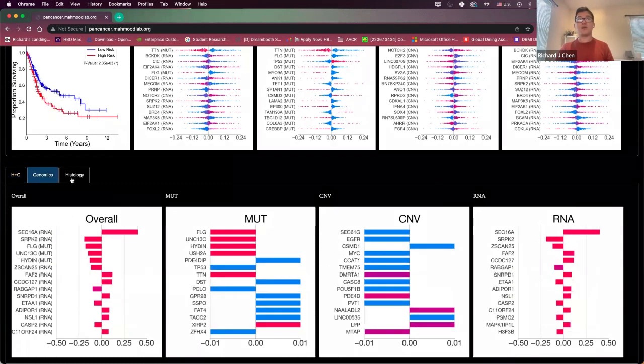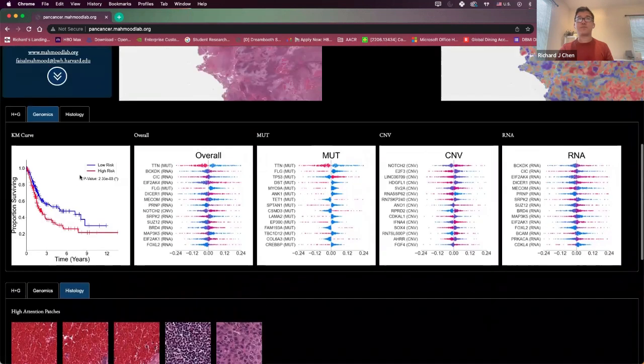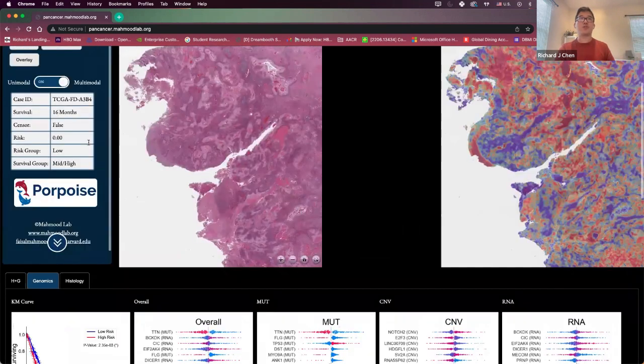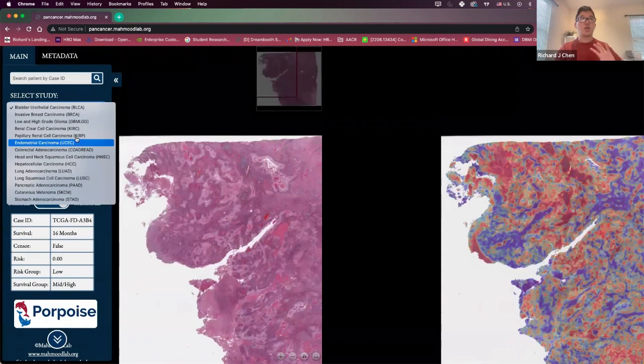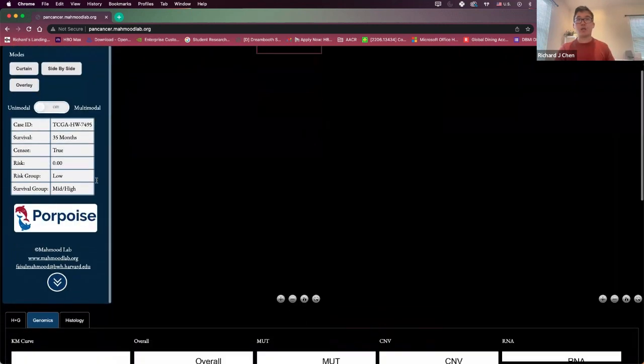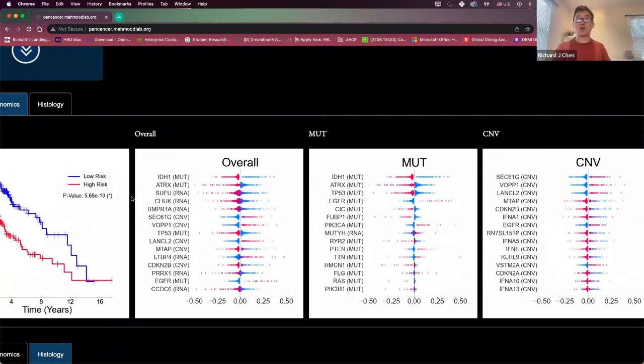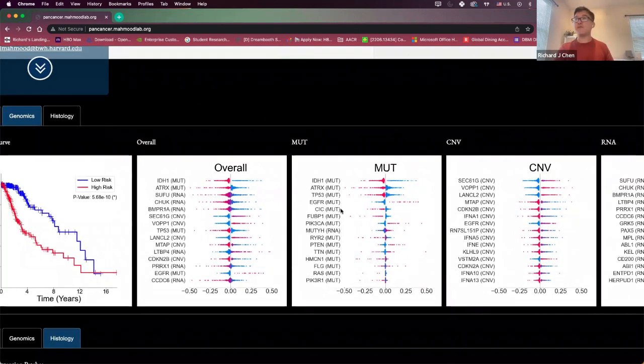And these are the overall features used across the entire cancer type. Maybe just to show a more canonical cancer type like glioma, we can see the canonical molecular biomarkers such as IDH1, ATRX, and TP53.